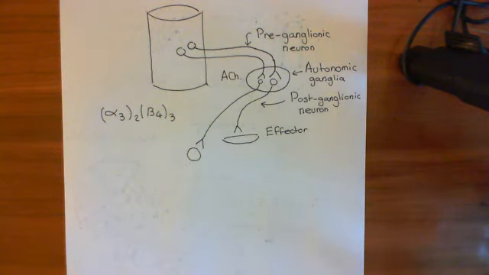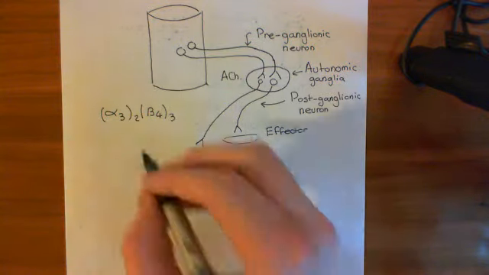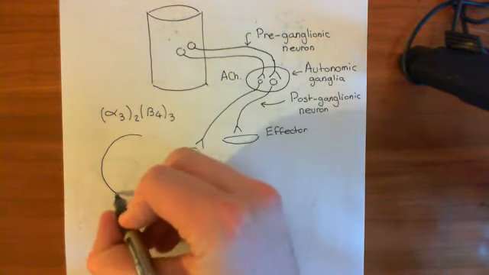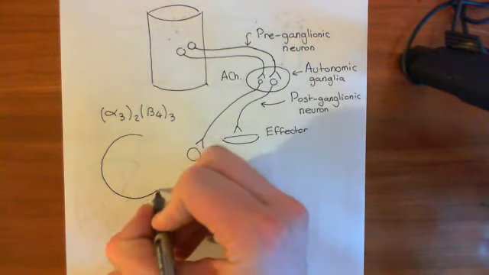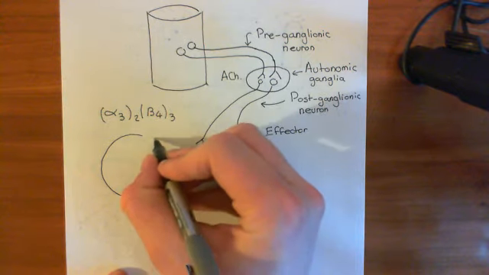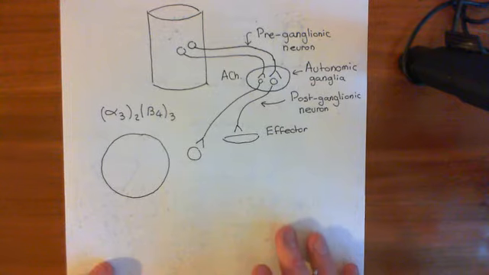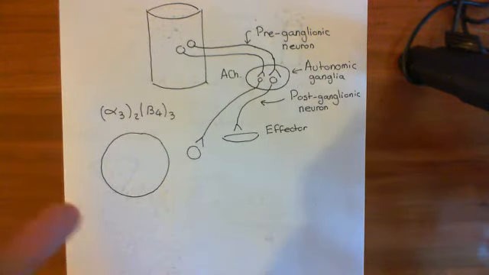Again, it's a pentamer of these subunits, and we now want to see how these different subunits are arranged. Remember there were 17 different subunits that the human genome had, and we saw that there was alpha 1 to alpha 10, beta 1 to beta 4, then the gamma, delta, and epsilon.